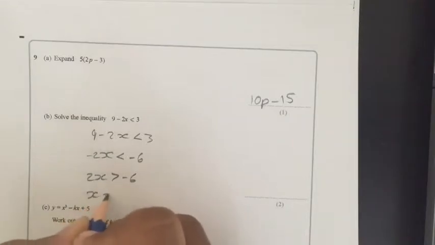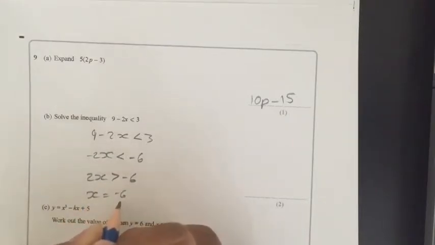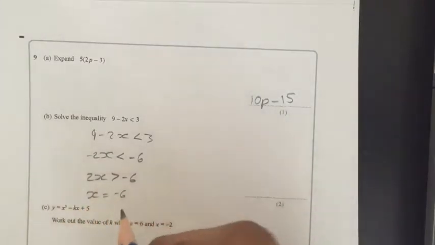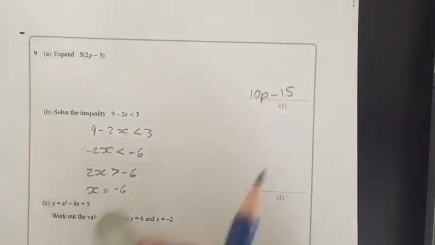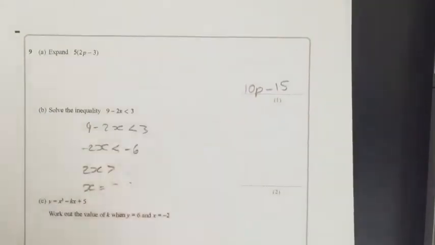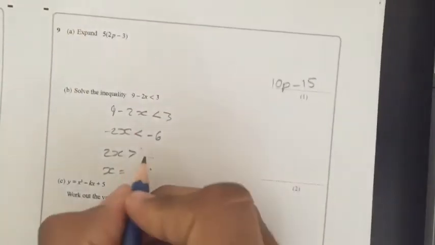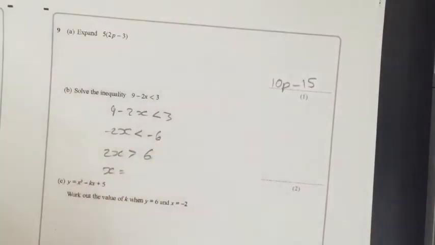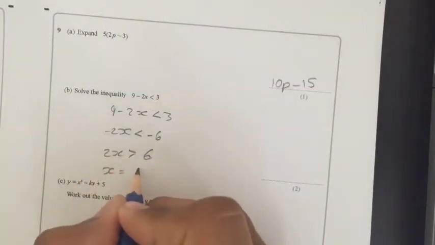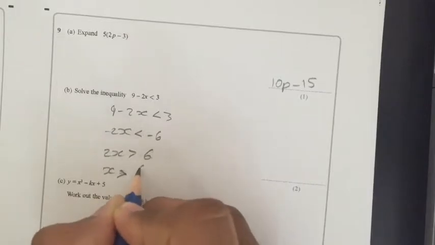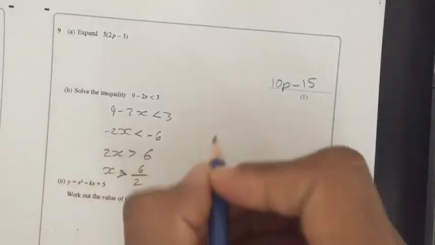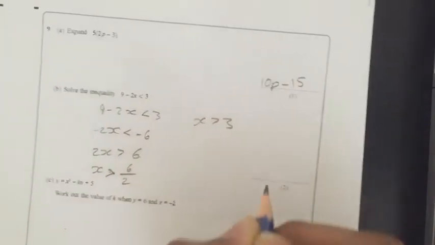That means x is greater than 6 over 2, therefore x is greater than 3.